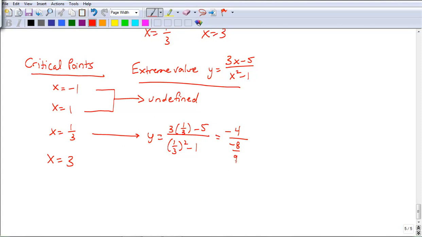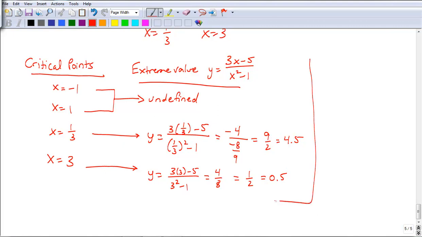So negative 4 divided by negative 8/9 gives me 9/2, or 4.5. The extreme value that goes with 3: on the top I get 4, on the bottom I get 8. So this gives me 1/2, or 0.5.